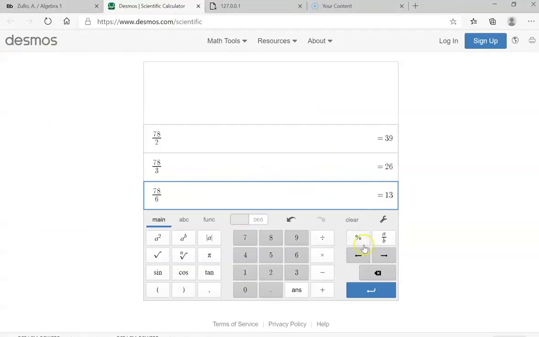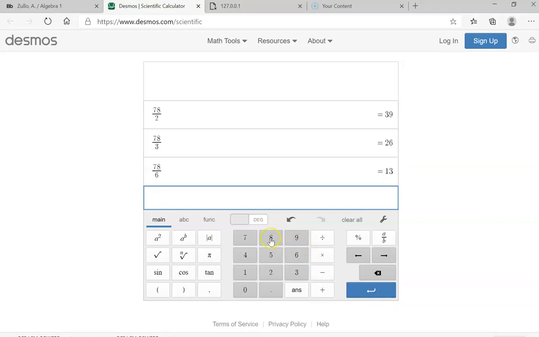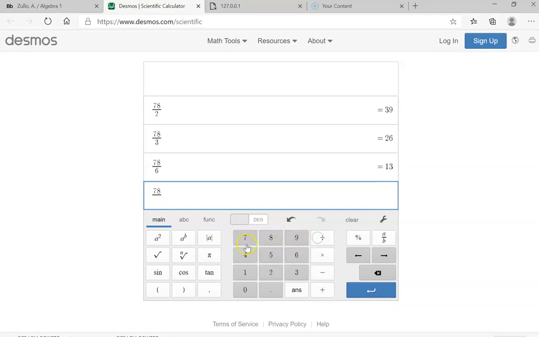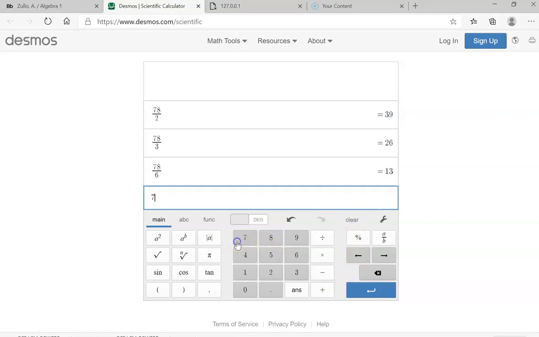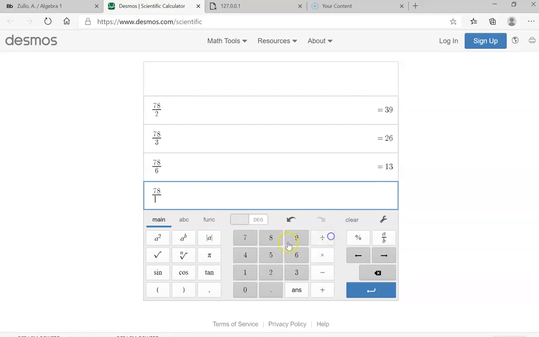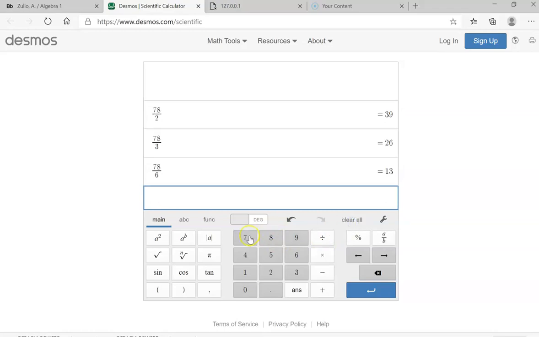And then we're going to go to 78 divided by 7. I know that doesn't work, but there's your decimal. 78 divided by 8 doesn't work. If you know your times table, this is an easy task.